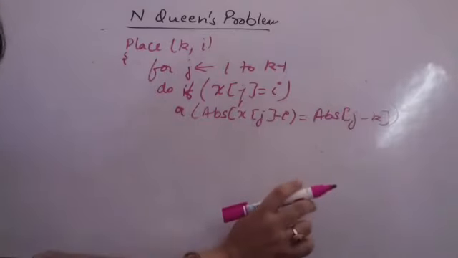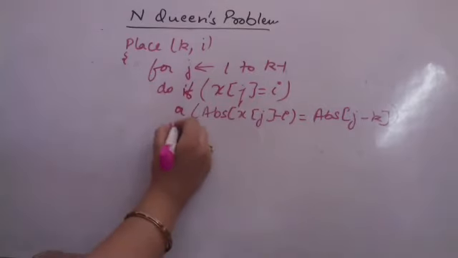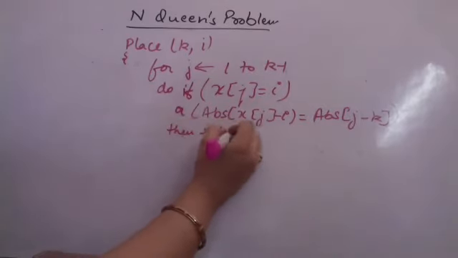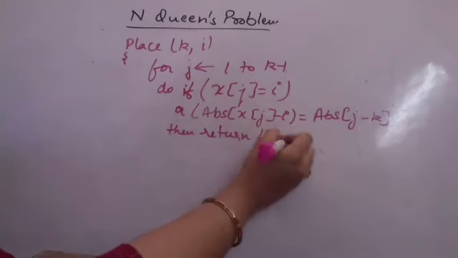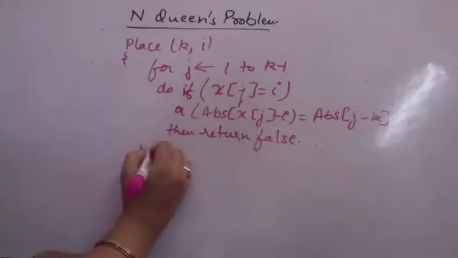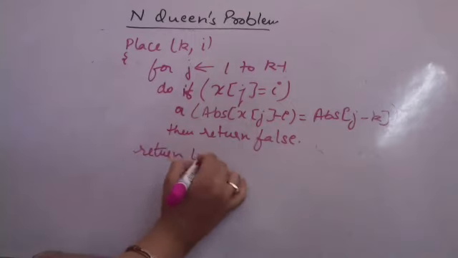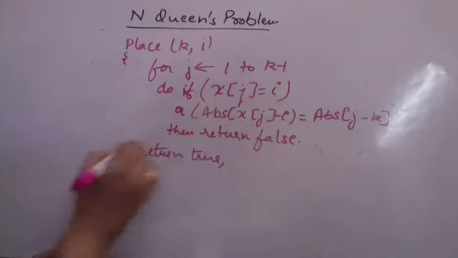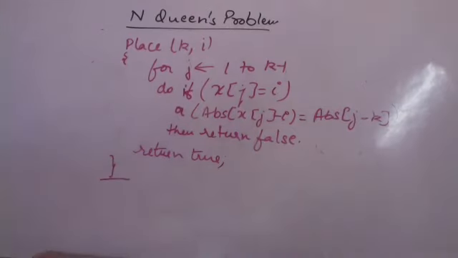So I'm checking this. Then return false, that means I cannot place the queen. Feasible solution is not possible. Else return true, the queen will be placed and you will be able to place it somewhere.